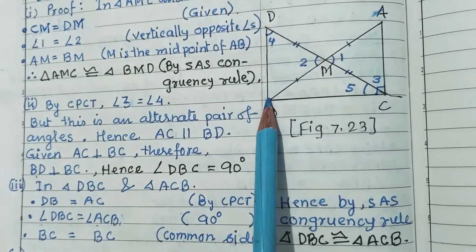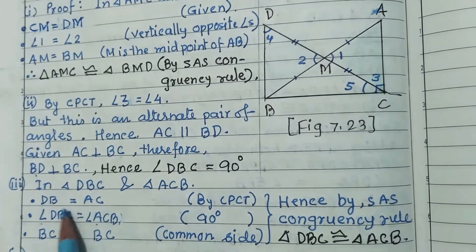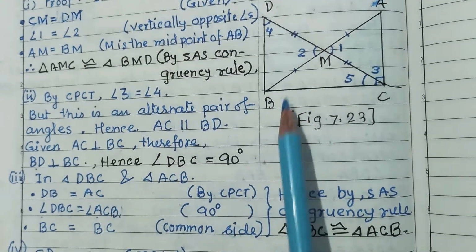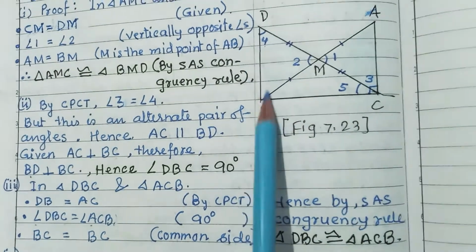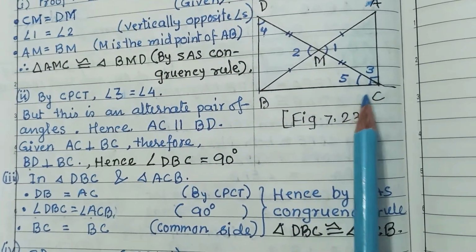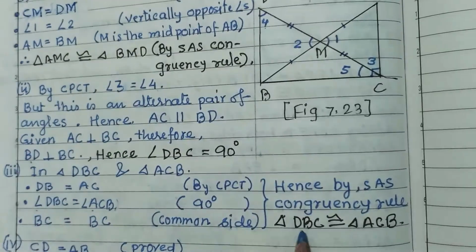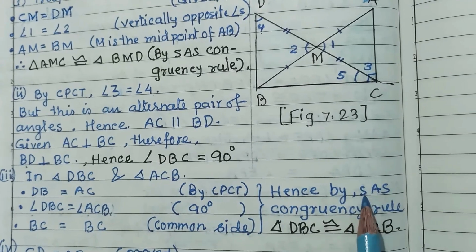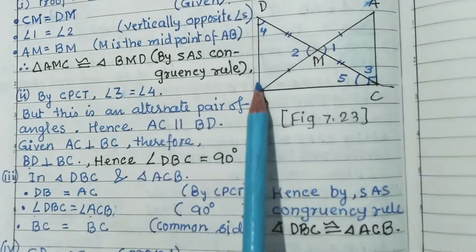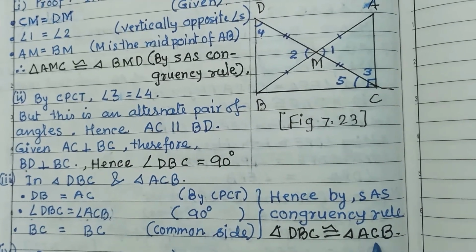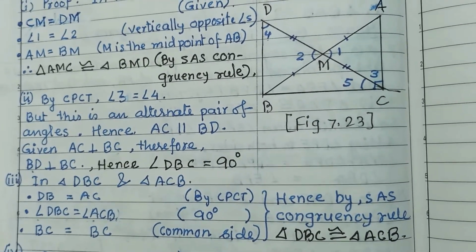By corresponding parts, DB is equal to AC, by CPCT. And BC is equal to BC, it is the common side of this triangle and this triangle. So these are the common side. It is also 3 points we have got. So by side angle side congruency rule, these two triangles are congruent, is the third part we have got.